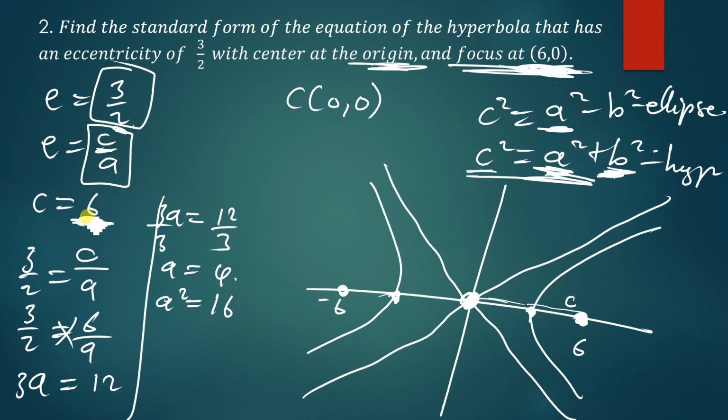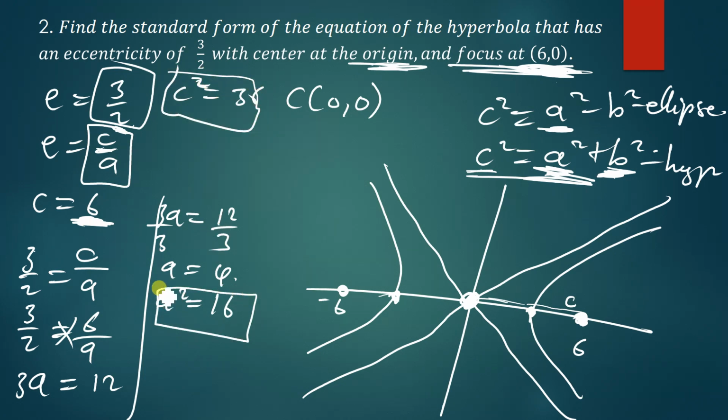We know the value of c is 6, and when you calculate the value of c squared, this will give us 36. So c squared is simply just equal to 36, and a squared is 16. So we can use this formula to find the value of b. So c squared is equal to a squared plus b squared.